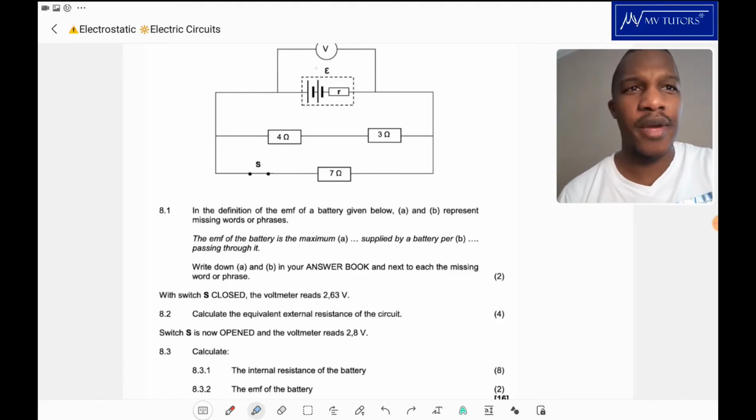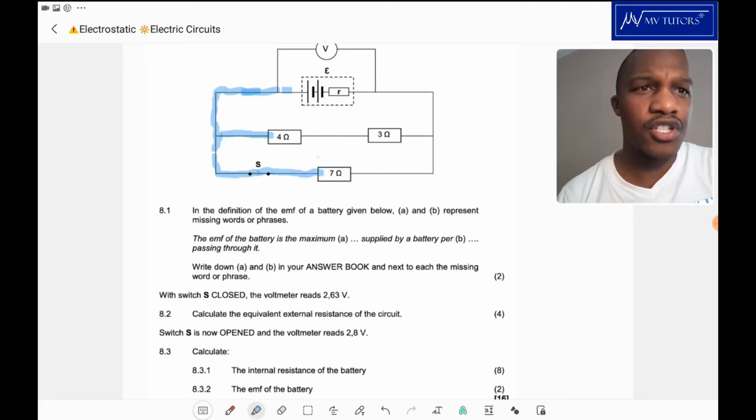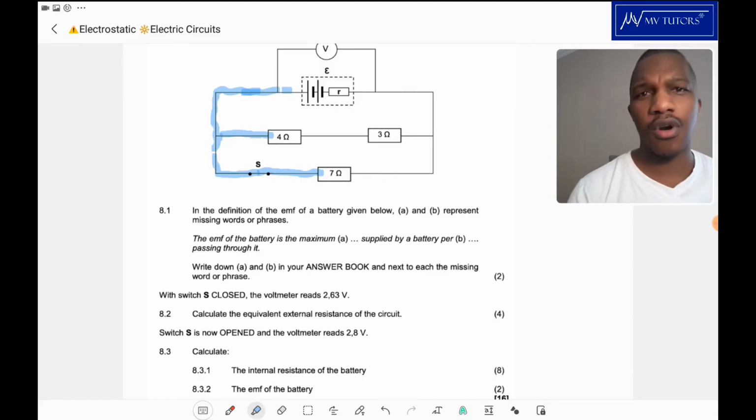So when the battery is going, there is water current going here, here, and then it branches off here, and then some of it branches off here, and when it's closed, branches off there. So it's flowing like that.